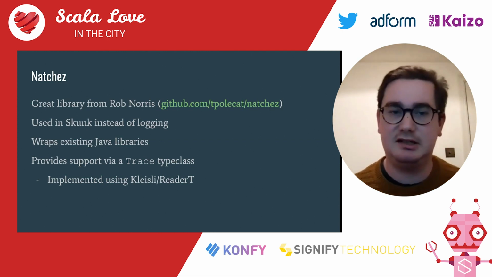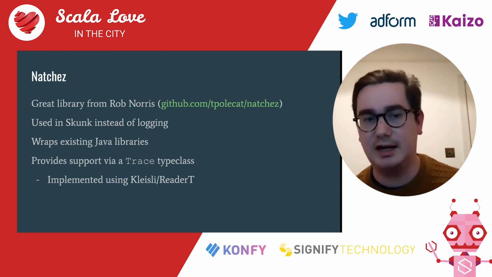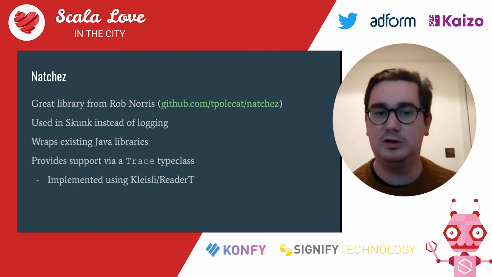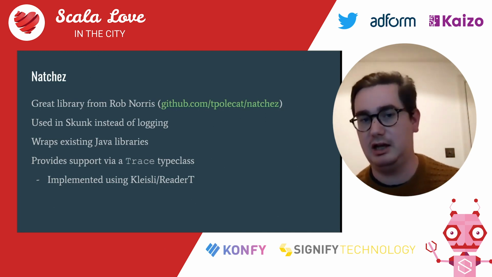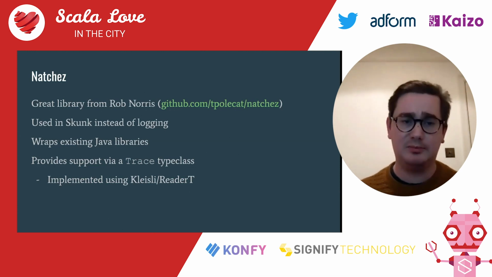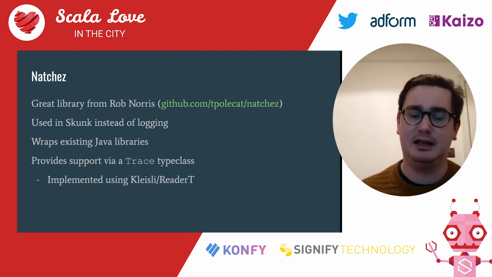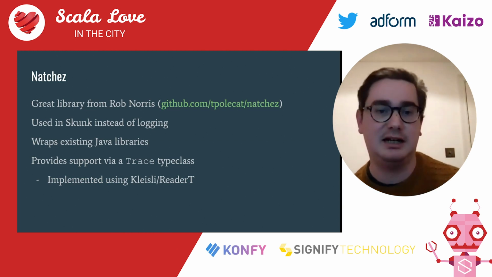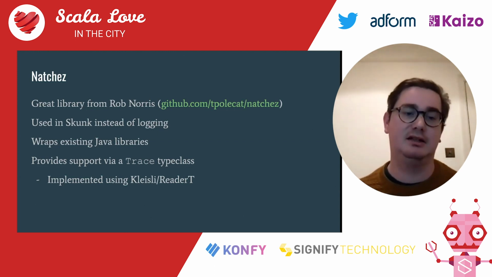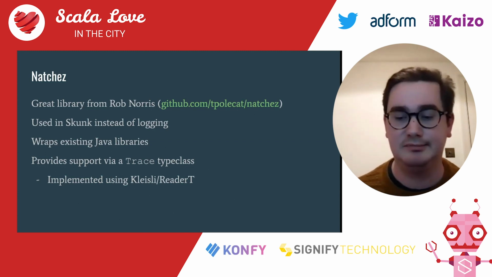It wraps existing Java libraries, so it won't do tracing on its own. You have to import another Java library for it to actually start tracing things. And then it provides support for tracing tagless final applications via a trace type class, and that is primarily implemented with a Kleisli or a ReaderT.